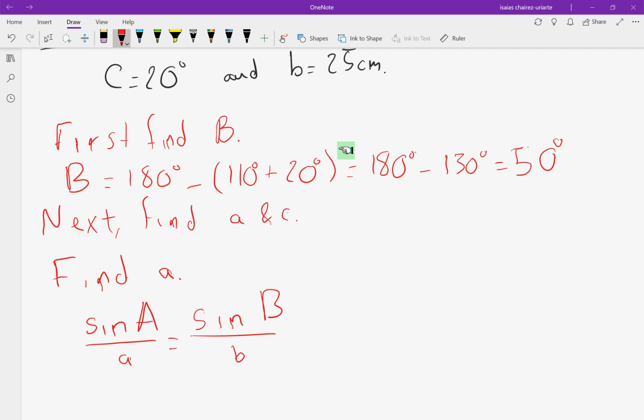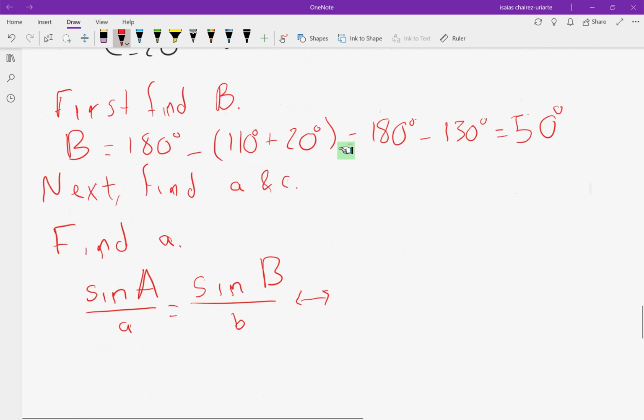Well, let me just fill in here the numbers. What's our angle A? Our angle A was 110 degrees, so I have that sine of 110 degrees over A is equal to sine of B. We said that that was 50 degrees.